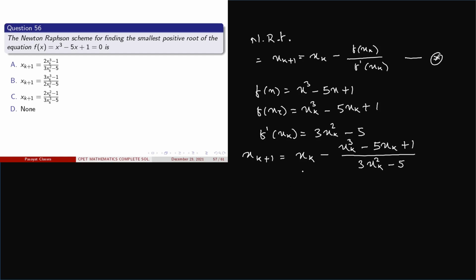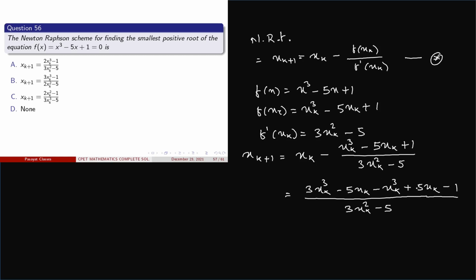Now on solving this we get the LCM, 3 x k square minus 5, and on multiplying x k into this gives 3 x k cube minus 5 x k, minus x k cube, and minus minus plus 5 x k minus 1.